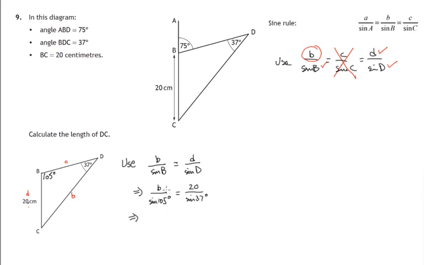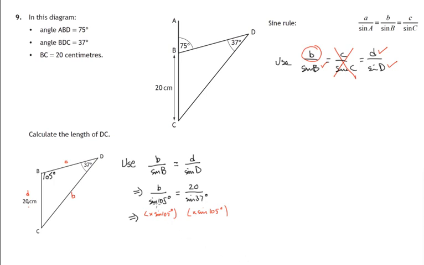So how do we get b on its own? Well, we're dividing it by sine 105. What action do we take to both sides to get rid of a divide by sine 105? Well, we multiply both sides by sine 105 to get rid of that.